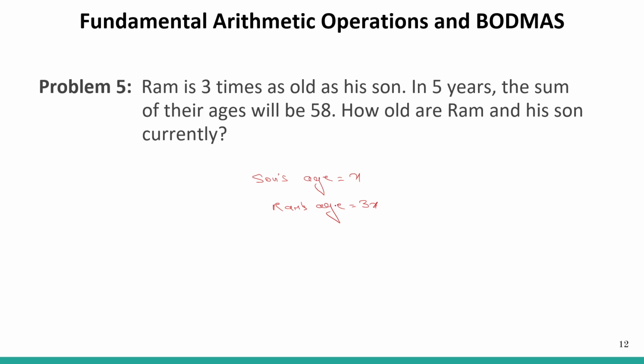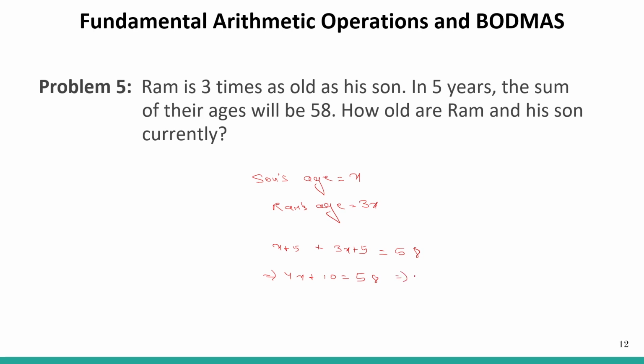In 5 years the sum of their ages will be 58. After 5 years the son's age will be x plus 5, and Ram's age will be 3x plus 5. Their addition will be 58. So this implies that 4x plus 10 is equal to 58.